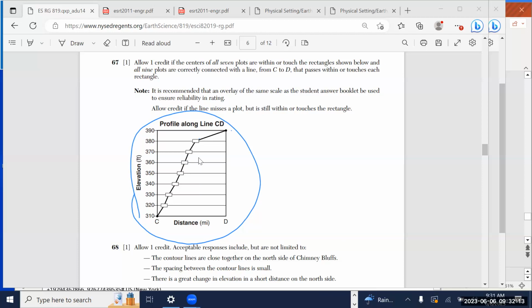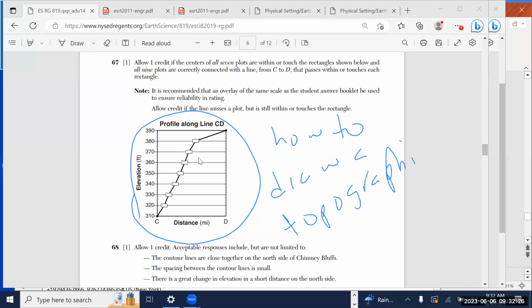I would encourage definitely YouTubing how to draw a topographic map profile. There are many excellent videos that can help you if you ever come across how to draw a topographic map profile.